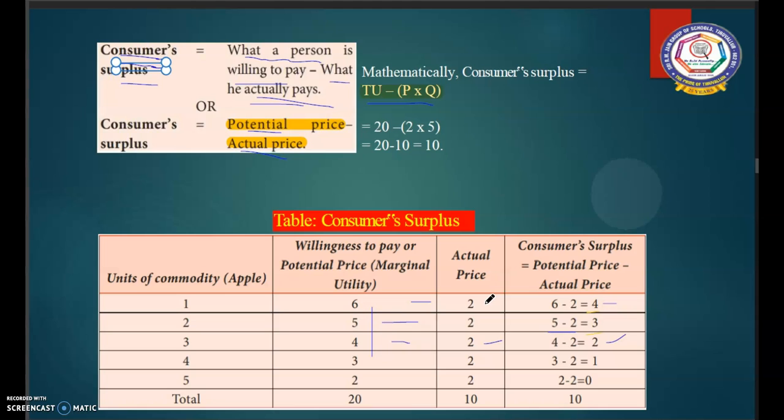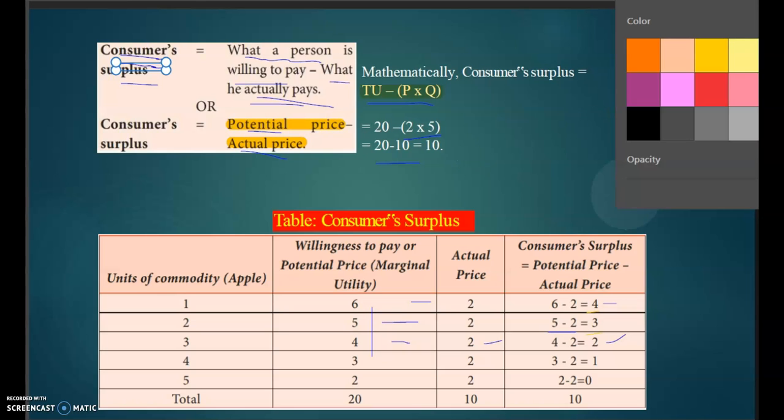While purchasing 5 units, the price is 2 into 5, which is 10. If we subtract the total actual price from the total potential price, 20 minus 10 equals 10. Thus we can calculate consumer surplus in this way.